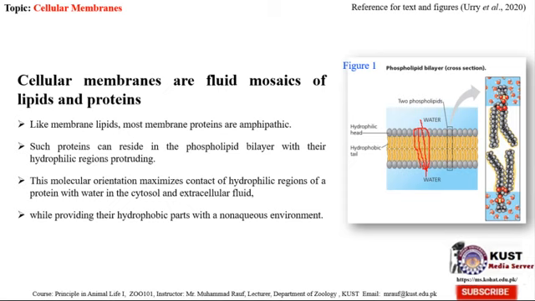And the distribution is also uneven. In some regions of the plasma membrane there will be more proteins embedded, whereas at other regions there will be fewer proteins embedded.